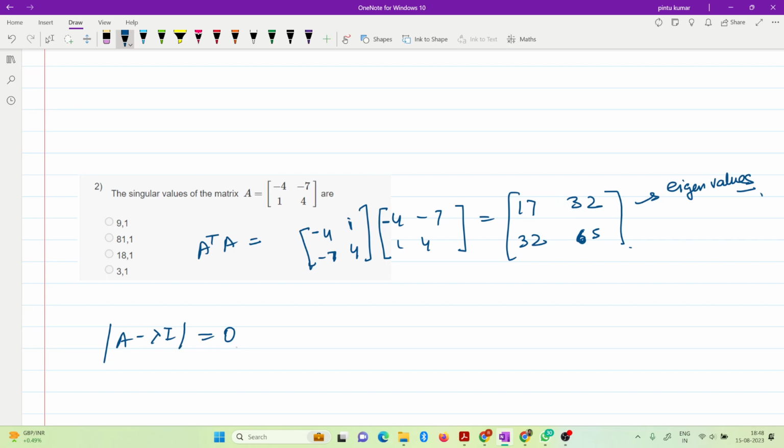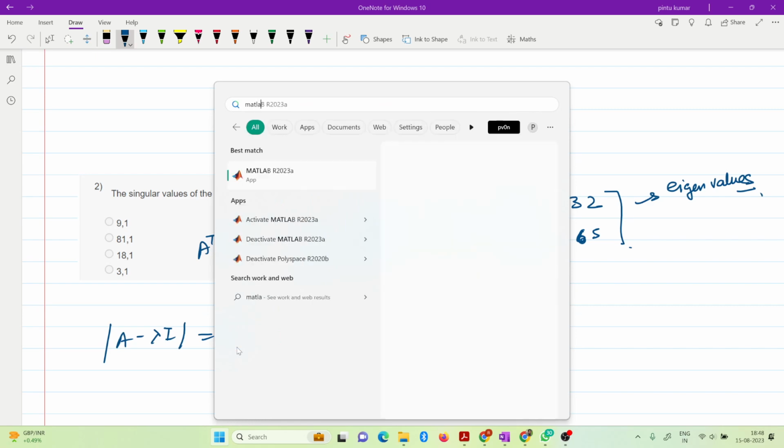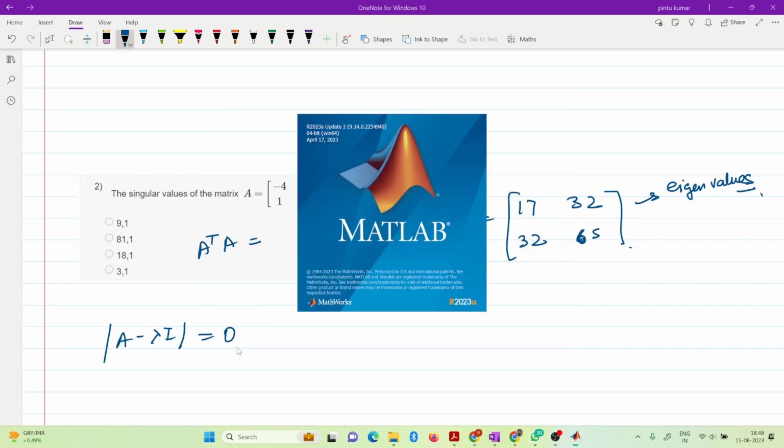Calculation would be a bit involved, but you can try. I'll probably use some Python or MATLAB to solve, but for the eigenvalues, you can do it by hand.